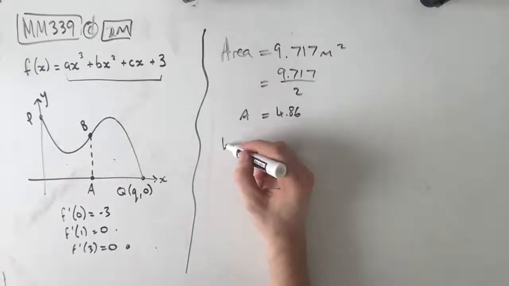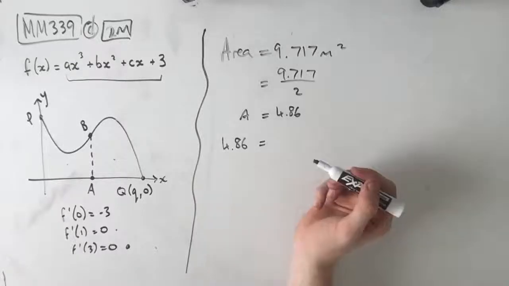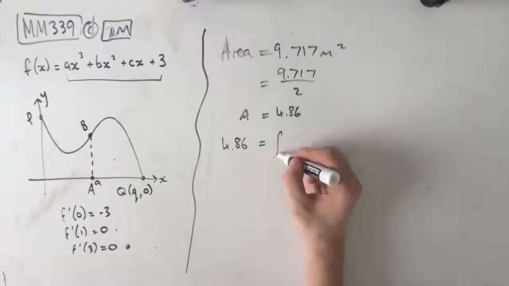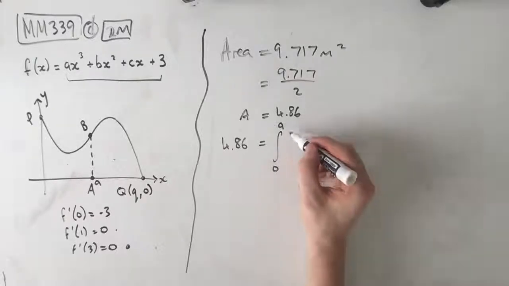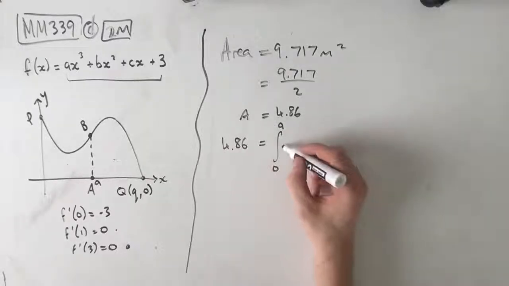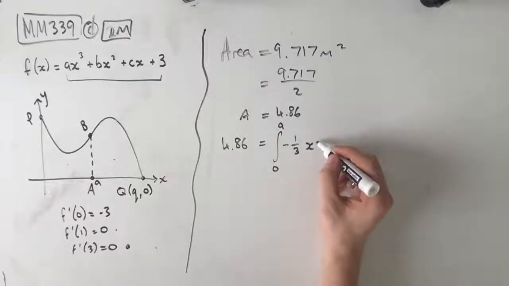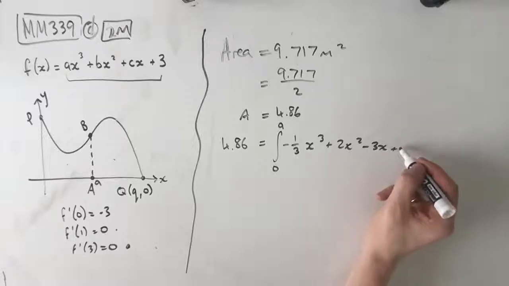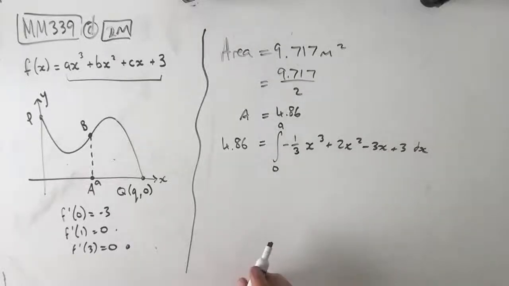So our area is 4.86, and we need to find the value of A right here, okay? So we know that the area from 0 to A is going to be 4.86 of negative 1 over 3x cubed plus 2x squared, take 3x plus 3 dx, right?